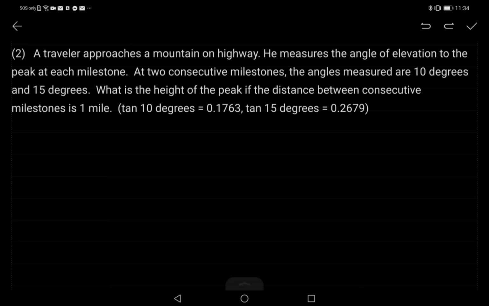The value for tangent 10 degrees is 0.1763 and the value for tangent 15 degrees is 0.2679. So we will draw here a triangle.